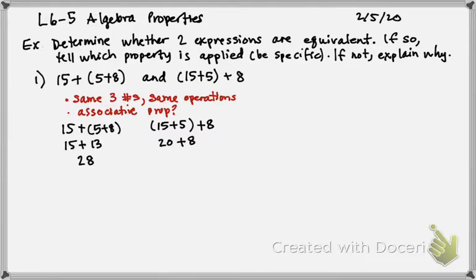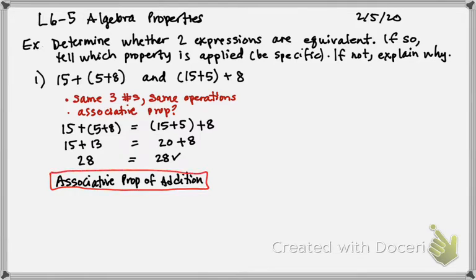So far, the numbers don't look like they're the same, but when I add 20 and 8, I get 28. So what that tells me is yes, those guys are equivalent. So that allows me to conclude that this is the associative property of addition, because it was the addition symbol that was being used.